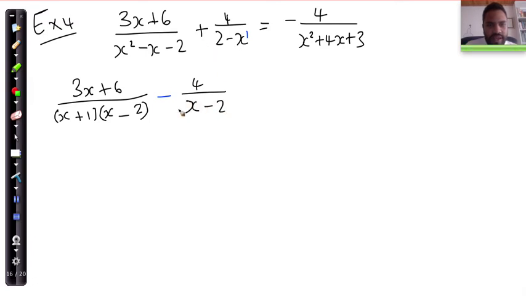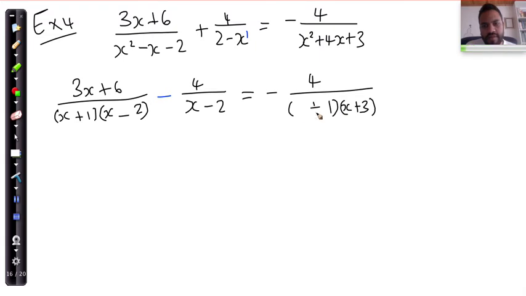Because now negative times negative 2 gives me the positive 2, and negative times x gives me the negative x. So these two terms, if I make that a minus, become equivalent. And that's equal to negative 4. Factors of 3 that add to give 4 are 3 and 1, and both are positive.